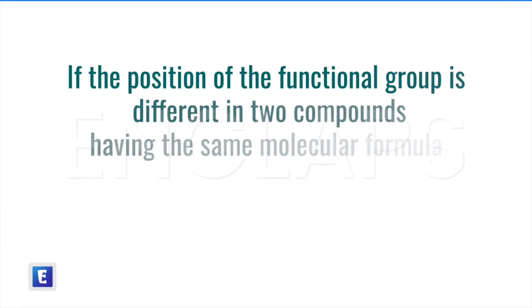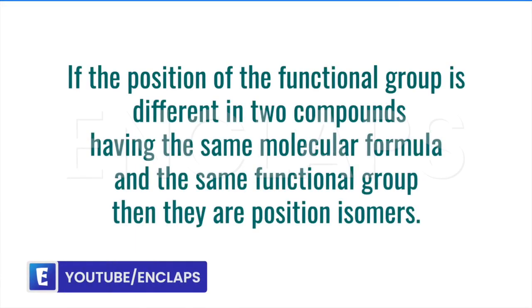If the position of the functional group is different in two compounds having the same molecular formula and the same functional group, then they are position isomers. And this phenomenon is known as position isomerism.